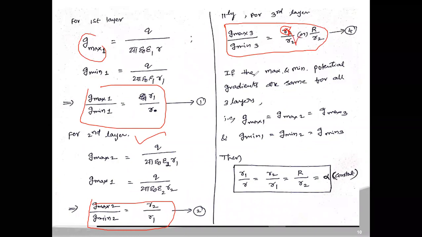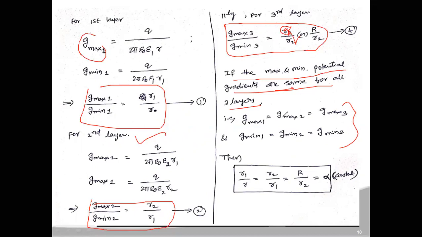Now, the maximum and minimum potential is the same for all the three layers. Suppose in the given problem, the maximum and minimum stresses are given the same for all the three layers, which is nothing but G1 max is equal to G2 max is equal to G3 max, and G1 min is equal to G2 min is equal to G3 min.